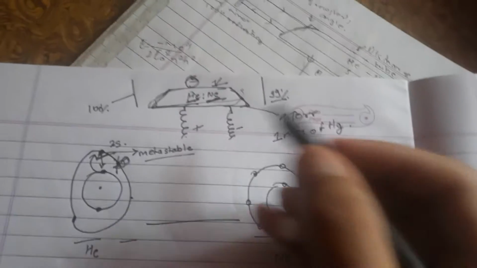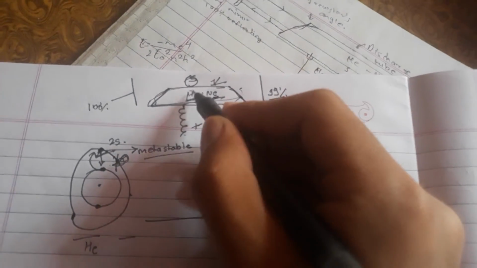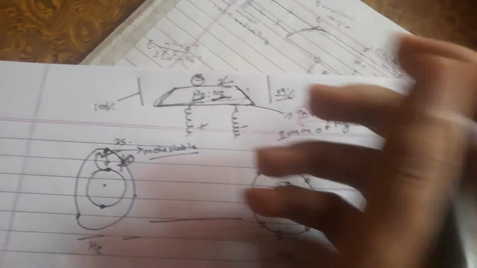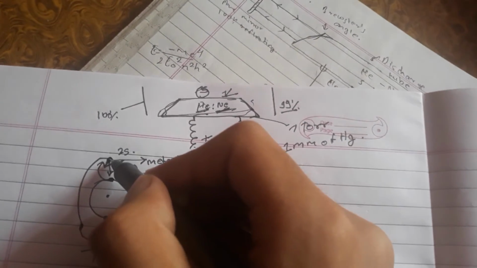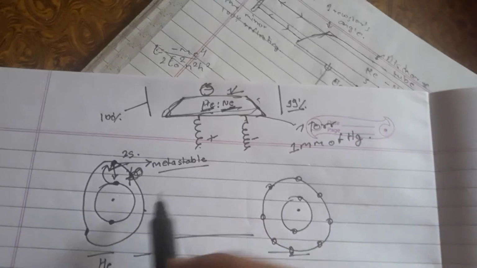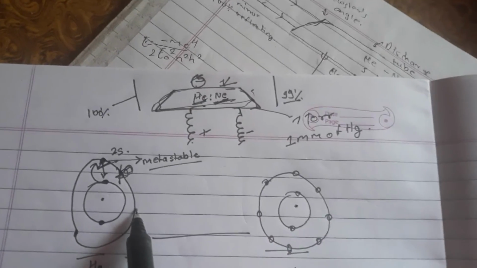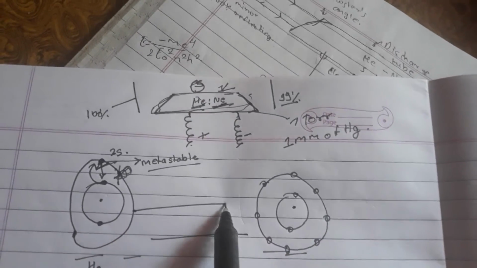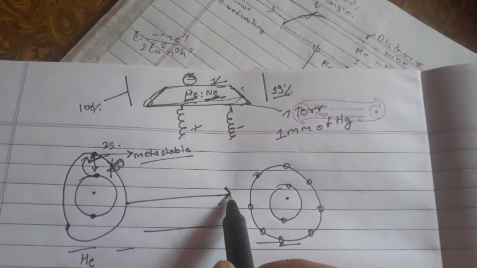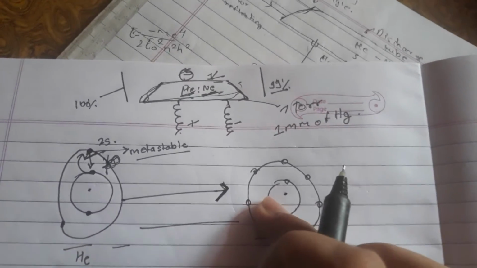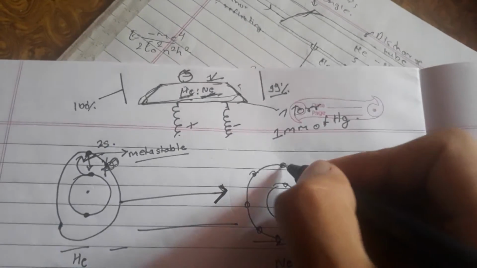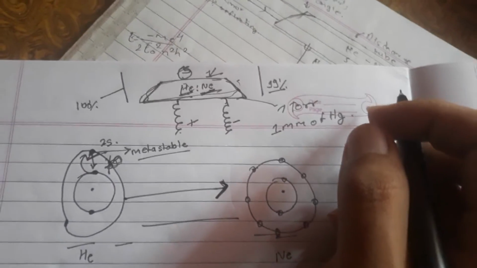So when the helium gets the energy and jumps to the excited state, it moves randomly, and when it moves randomly, it collides with the neon atoms. Now when it collides with a neon atom, it excites the neon atom to 5s.